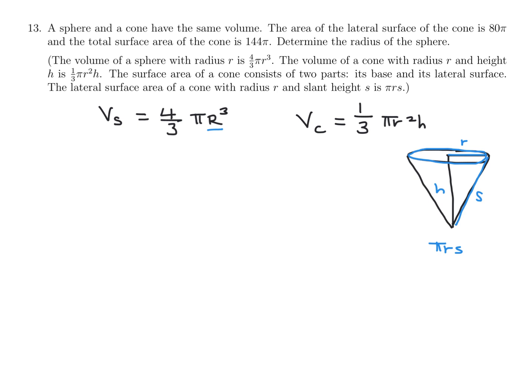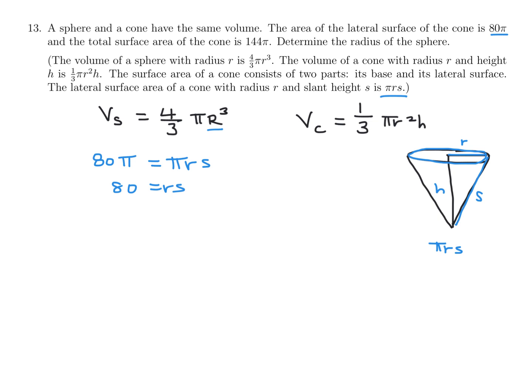All right, so where can we begin here? This piece of information, 80 pi, let's start there. That is the lateral surface of the cone. And they've told us that that is pi rs. Okay, so 80 is rs. There are 2 variables here.